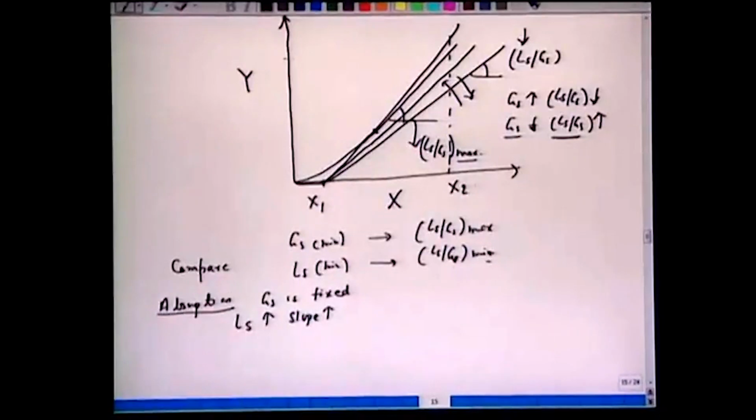Recall the previous situation where we had movement of LS by GS like this or like this. Here the GS amount was fixed. So if we increase LS by GS, the line will move in this direction. If LS increases, slope increases.